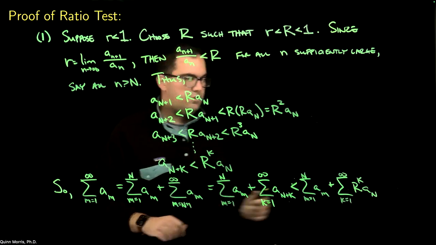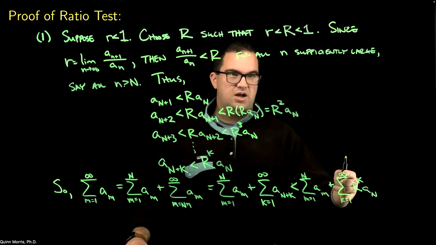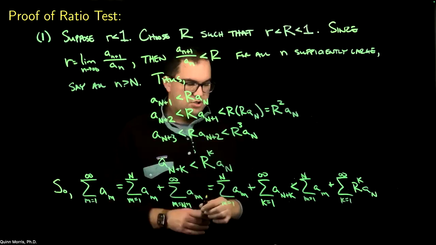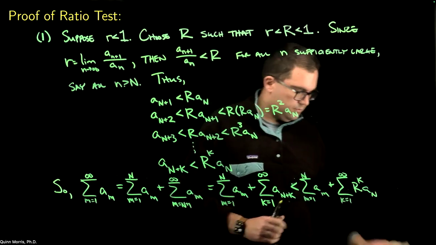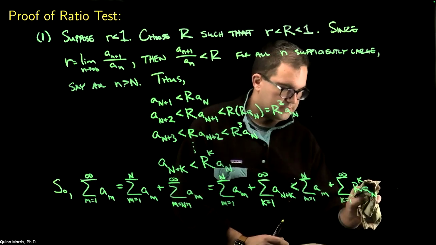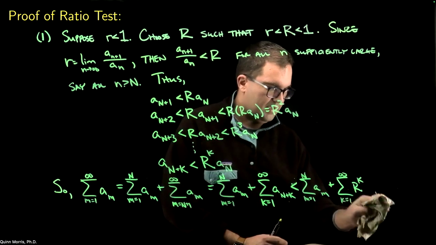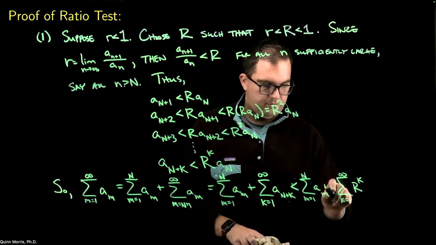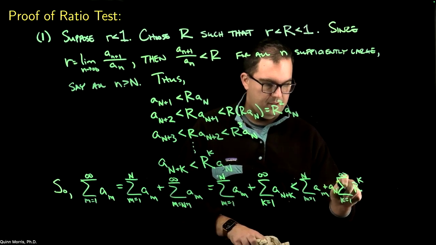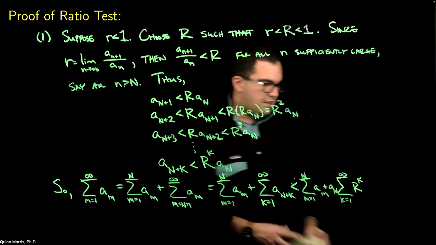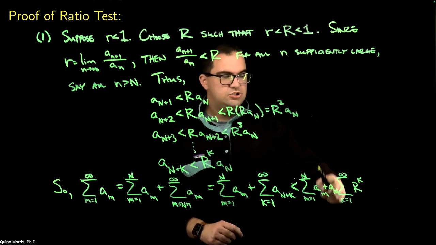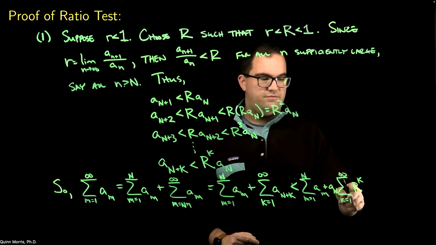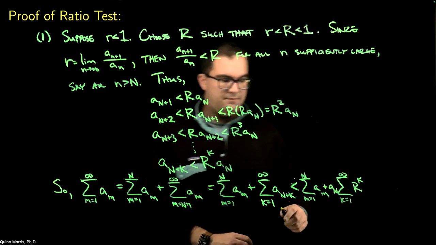But now notice that this a sub capital N is a constant as far as this sum is concerned. So, to save a little space, I can just pull this a sub N out of the sum. So I get plus a sub capital N times the sum. And now if I look at this sum, this is just a geometric series, right? This is the sum k equals 1 to infinity of r to the k.